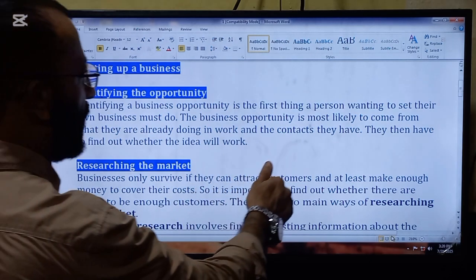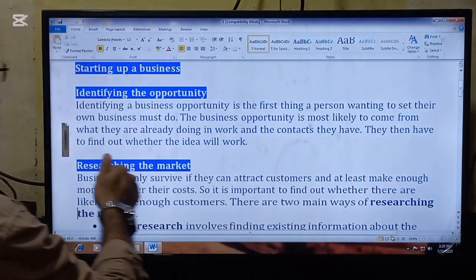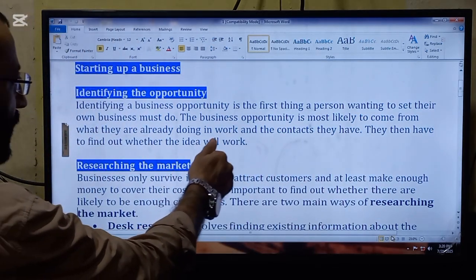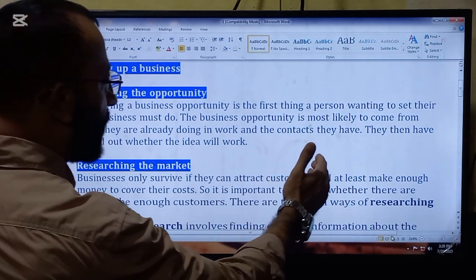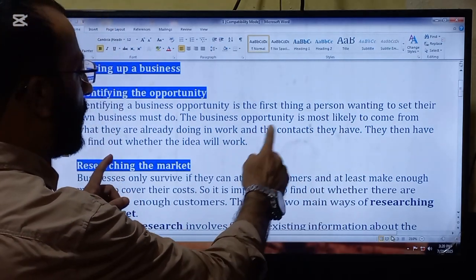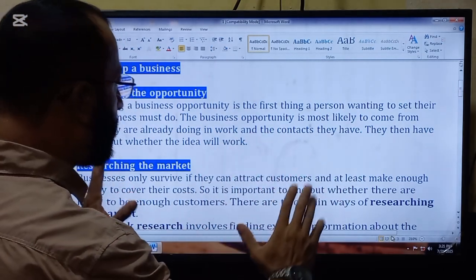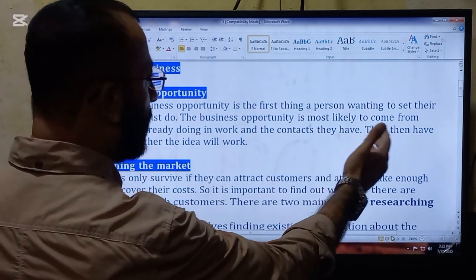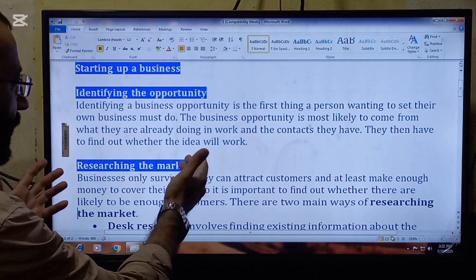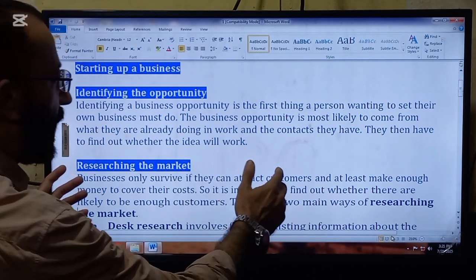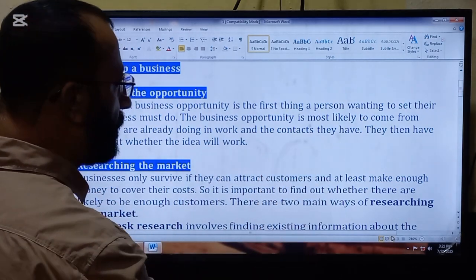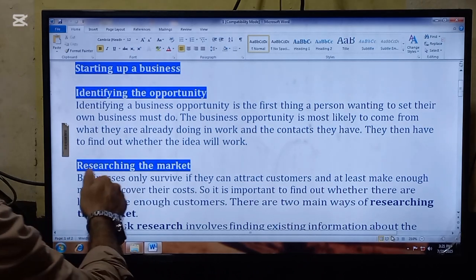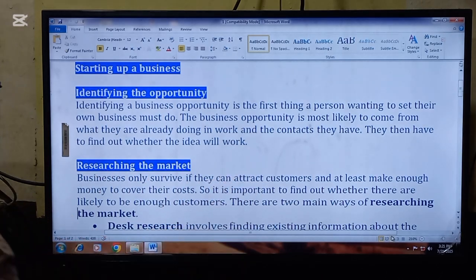The business opportunity is most likely to come from what they are already doing in the work and the context they have. So these are the two ways through which they can get a business opportunity: one from what they are already doing in the work, and secondly from the context they have. They then have to find out whether the idea will work.